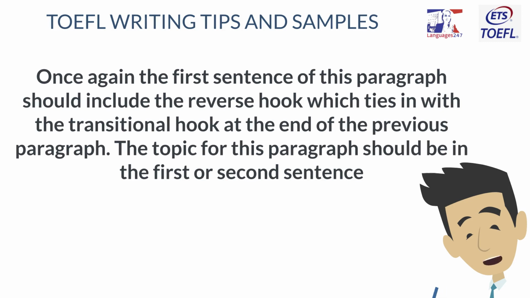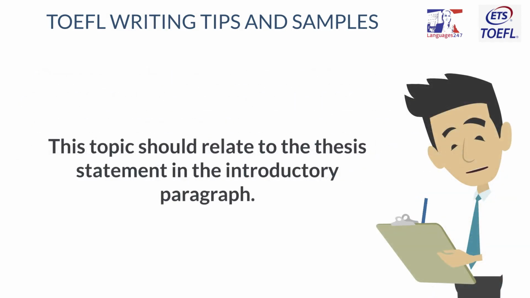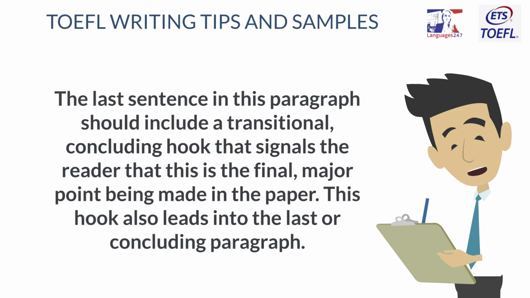The topic for this paragraph should be in the first or second sentence. This topic should relate to the thesis statement in the introductory paragraph. The last sentence in this paragraph should include a transitional, concluding hook that signals the reader that this is the final, major point being made in the paper. This hook also leads into the last or concluding paragraph.